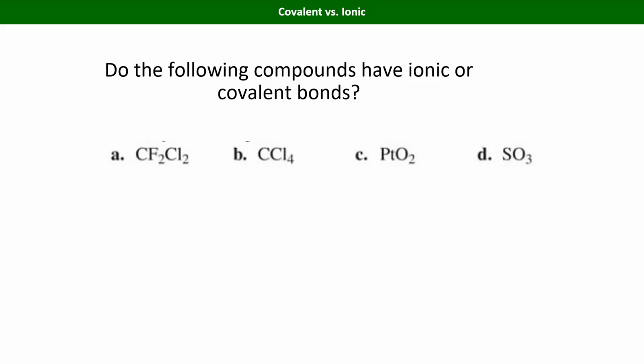Do we need to specify which platinum ion it is? Does platinum have more than one charge? It's in the D block, and it's not one of those 6 that are all grouped together, right? So we need to specify what the charge is on the platinum. There's 2 of them. What's the charge on each oxygen? 2 minus, right?